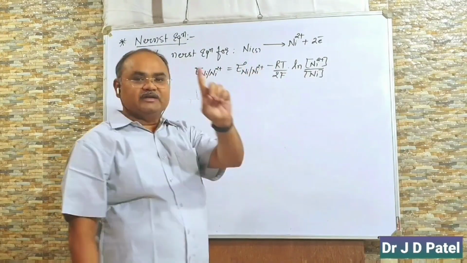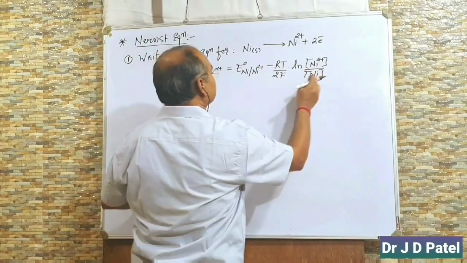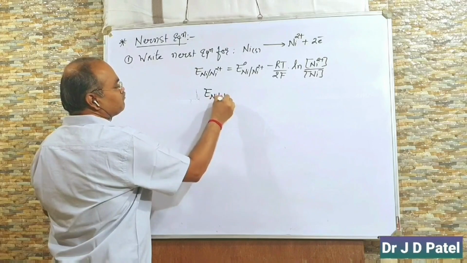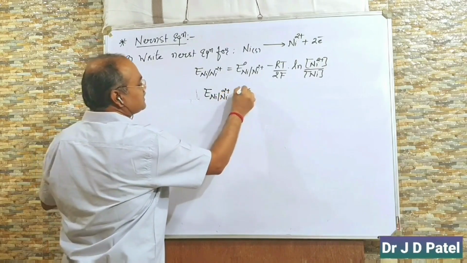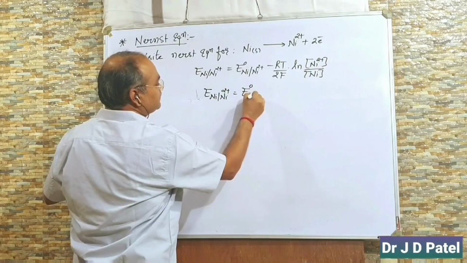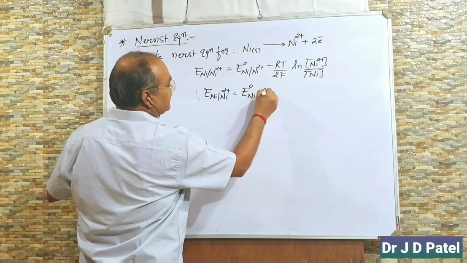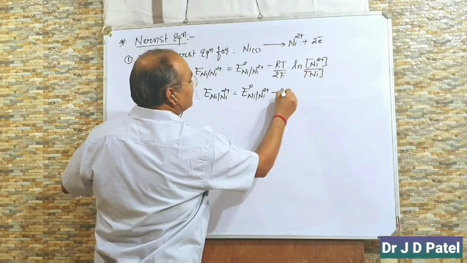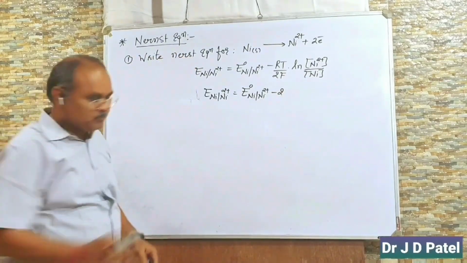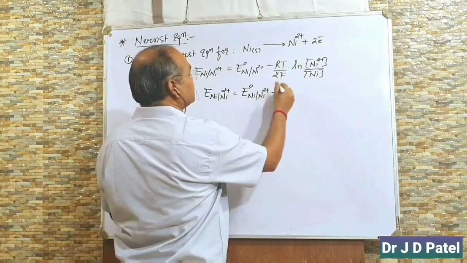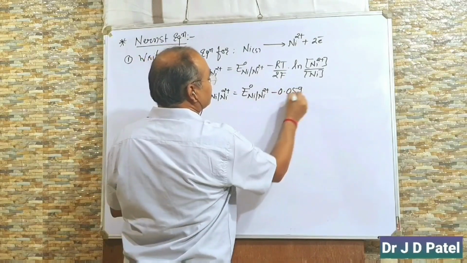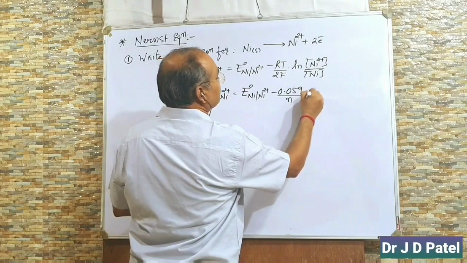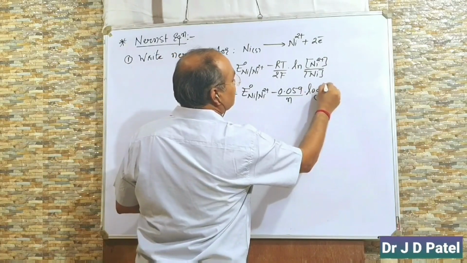So you can write the final answer: E of Ni oblique Ni2 plus is equal to E0 of Ni oblique Ni2 plus minus, instead of this you can write 0.059 by n log of Ni2 plus divided by 1.